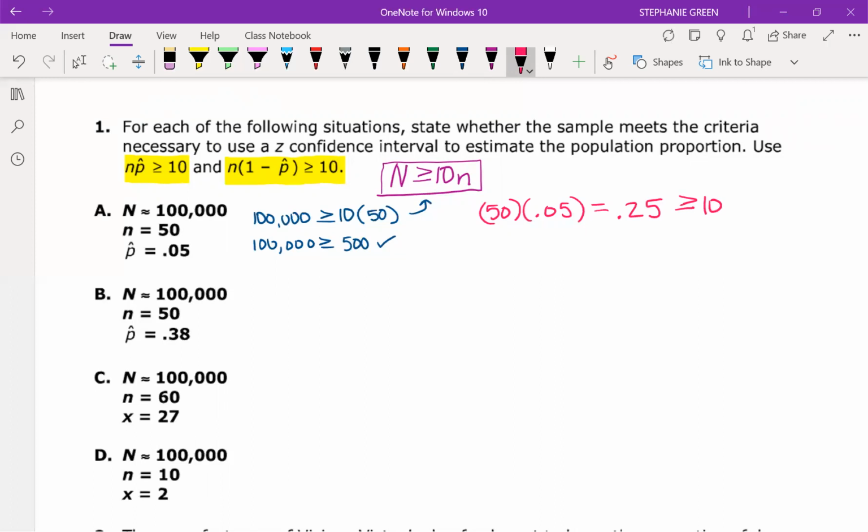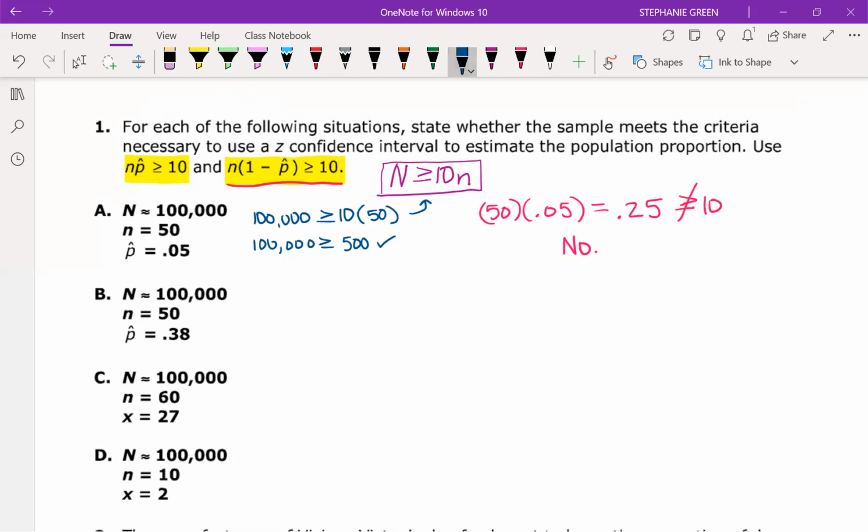Is 0.25 greater than or equal to 10? No, it is not. So this does not meet the conditions necessary to use normal approximation. So the answer here is no. Yes, there is one more condition that would need to be checked, but once I have a condition that's not met, we can stop there. All three conditions must be met.